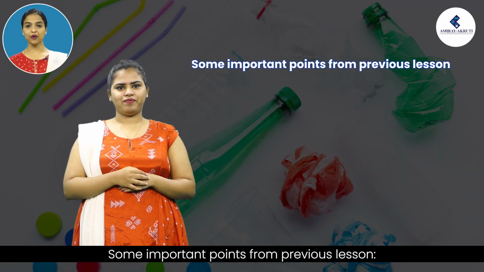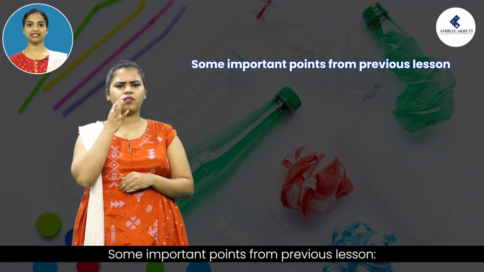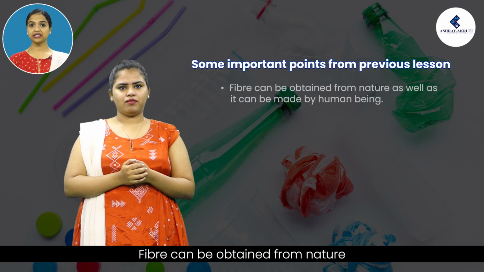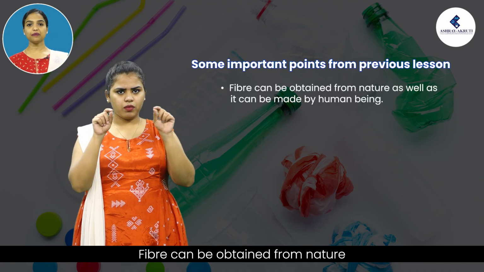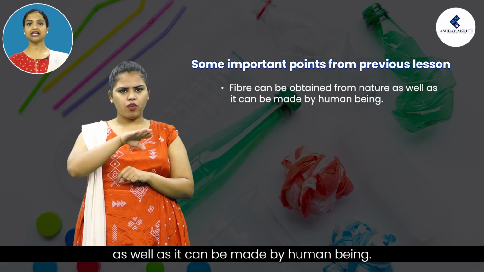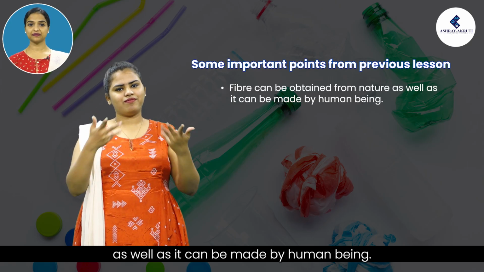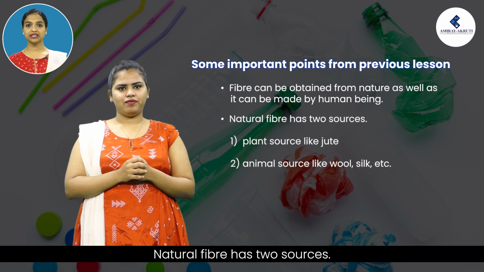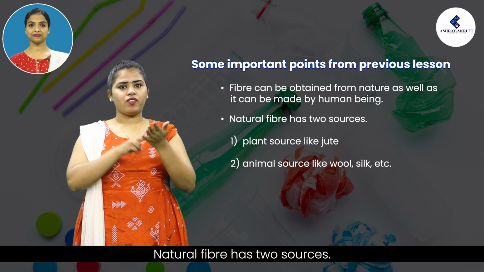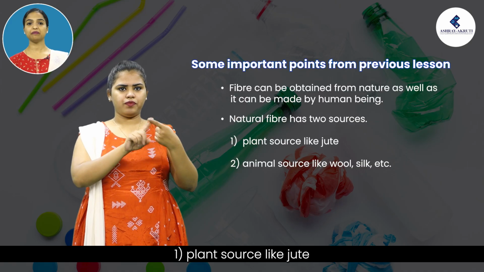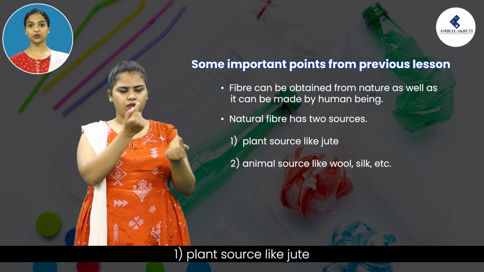Some important points from previous lesson. Fibre can be obtained from nature as well as it can be made by human being. Natural fibre has two sources. First, plant source like jute.